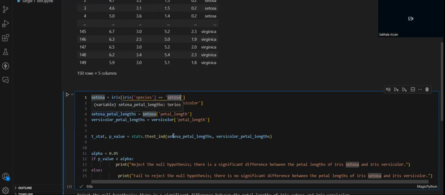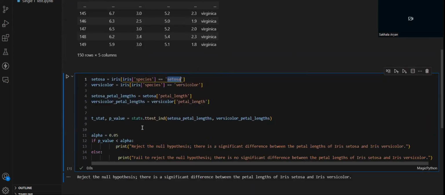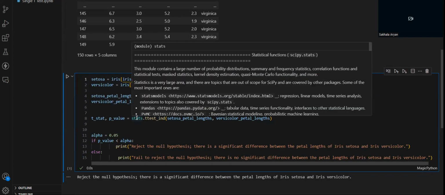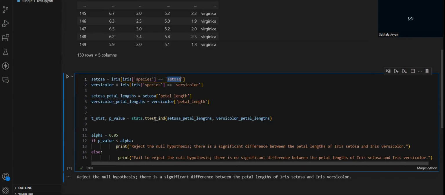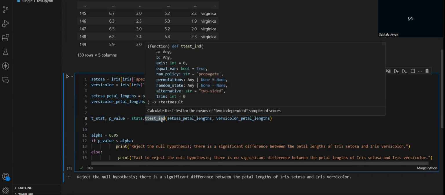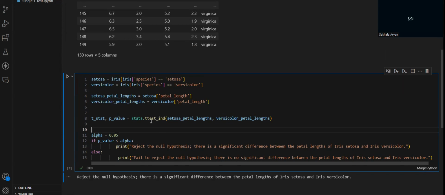First, I'll import the module stats from SciPy, and in the stats module I have this function, which is basically my two sample, independent t-test, and it takes two individual groups. It will calculate by itself the mean, standard deviation, and divide by n, which we discussed in the previous video.